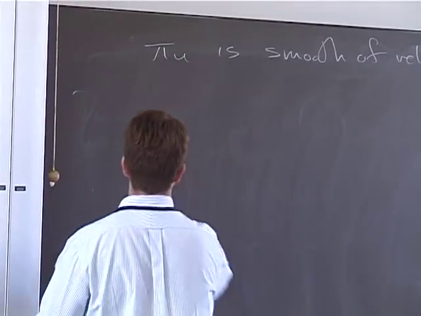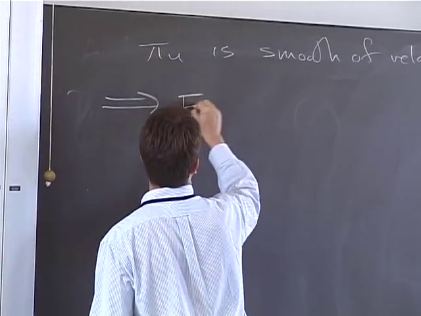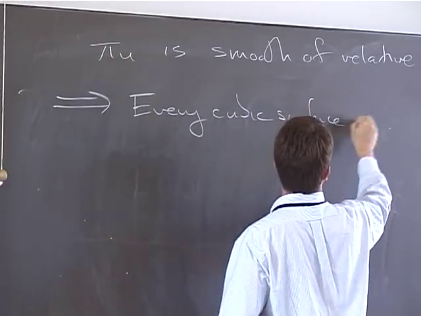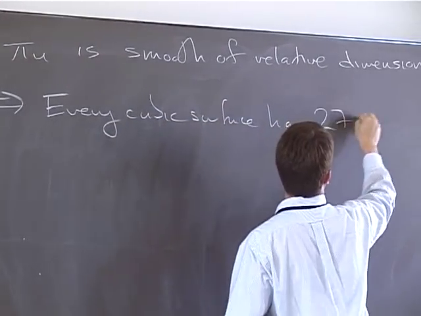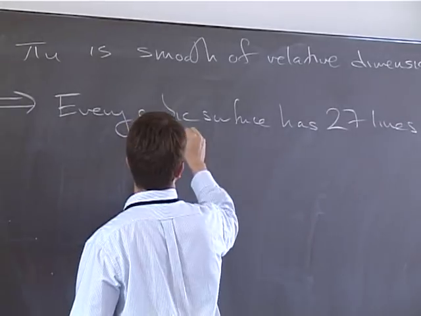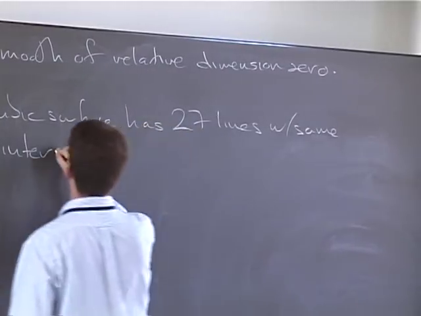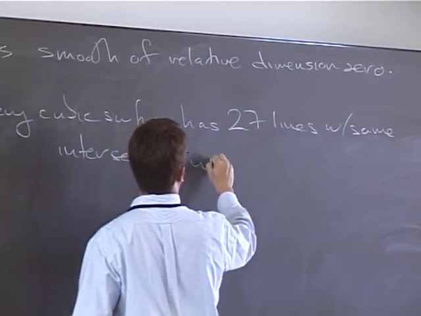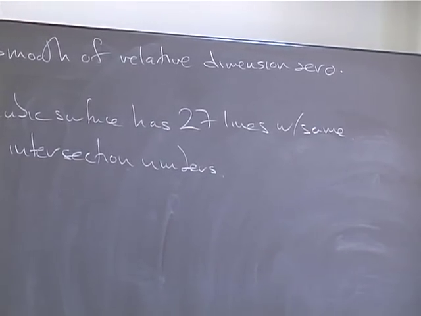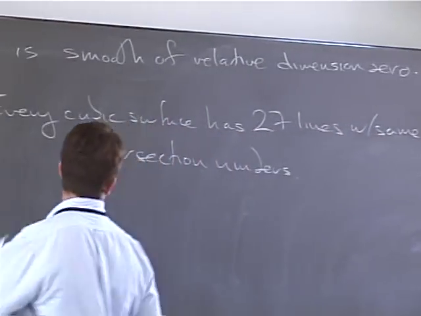Now, what this implies as a corollary is that every cubic surface has 27 lines, with exactly the same intersection numbers, because the intersection numbers don't change in families. U is connected. So we have that every cubic surface has 27 lines.